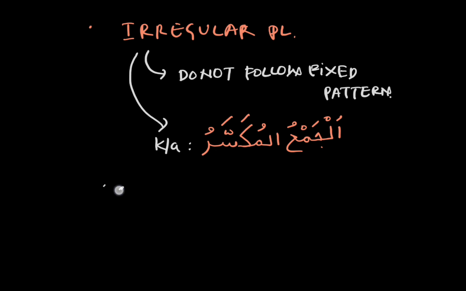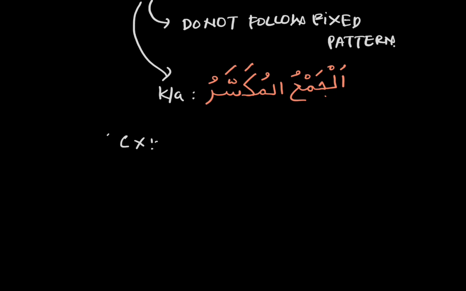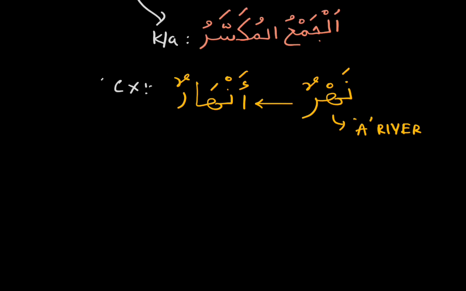Now let us take one example of irregular plurals, that is nahrun. Nahrun is a singular form and it means a river. In order to make it plural, we cannot follow a fixed pattern. So the plural of nahrun is anharun.